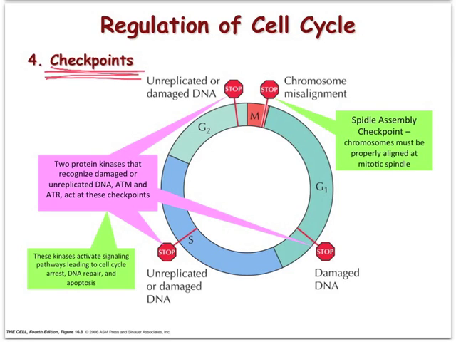In mammalian cells, there are 4 different checkpoints, and any one of them has the ability to stop transition through a cell cycle. 3 of the checkpoints check for DNA damage, whereas 1 of the checkpoints checks for the proper alignment of chromosomes at the mitotic spindle.